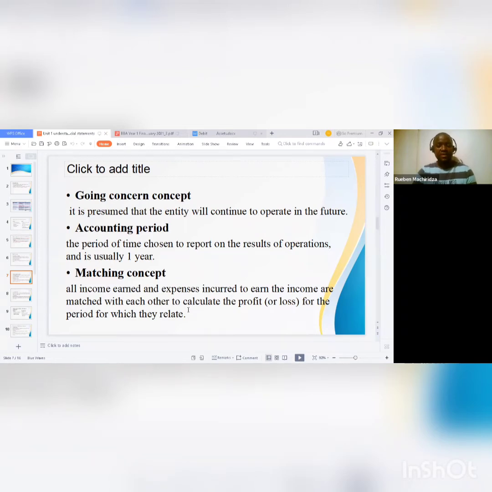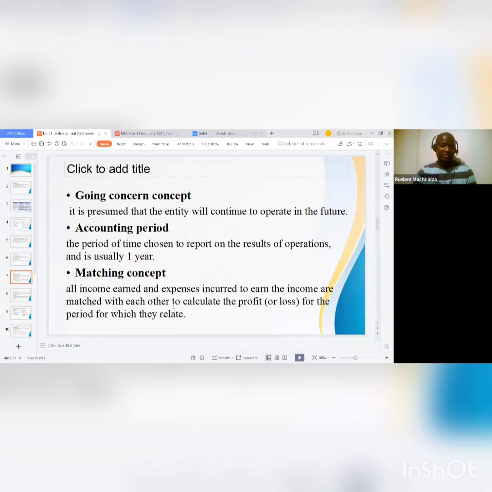The income that we should include in the financial statements is that we found from 1 January to 31 December. The expenses that we are going to include are only those that we find in that very same period. So we want to match the income of that period to the expenses of that period so that we can ascertain whether we made a profit or a loss.